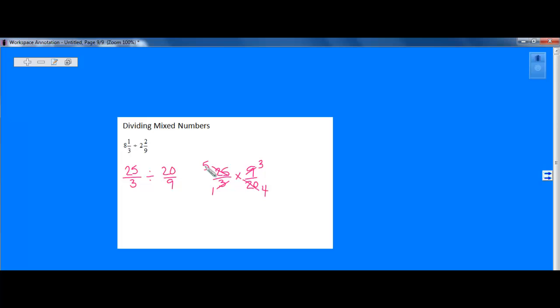You can multiply straight across. 5 times 3 is 15, and 1 times 4 is 4. I need to simplify. I know that 4 goes into 15 3 times, leaving me 3/4 left over as my final answer.